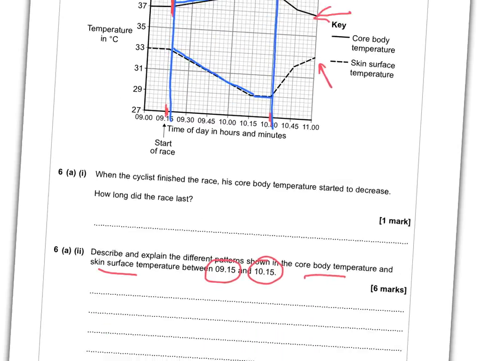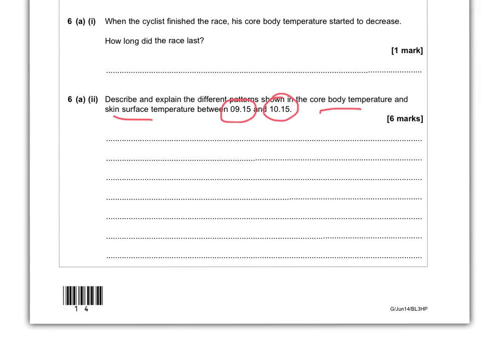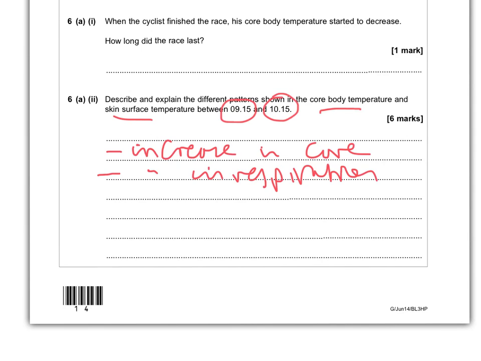So let me go through those marking points again for you. So the points are 1 mark for explaining that there is an increase in core temperature. 1 mark if you've explained that this is due to increase in respiration or muscular activity. 1 mark if you've mentioned that it's because more energy is being released. 1 mark if you've mentioned that the skin temperature decreases.